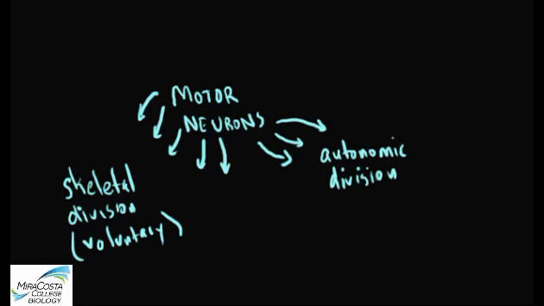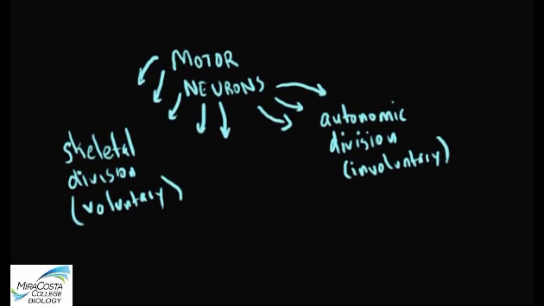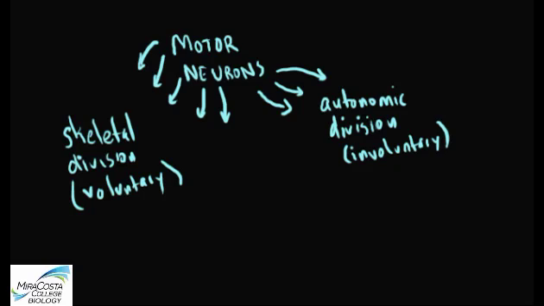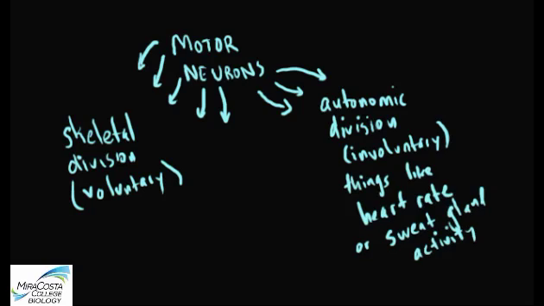And then there's the autonomic division of the motor nervous system. These are the nerves that make you breathe faster and make your heart beat faster when your body has a greater need for oxygen. These are the nerves that make your sweat glands seep out perspiration when your body temperature rises too high. Both of these are obvious homeostatic functions related to blood oxygen levels and to the regulation of body temperature.